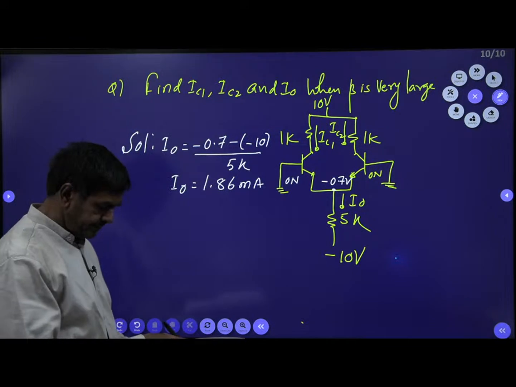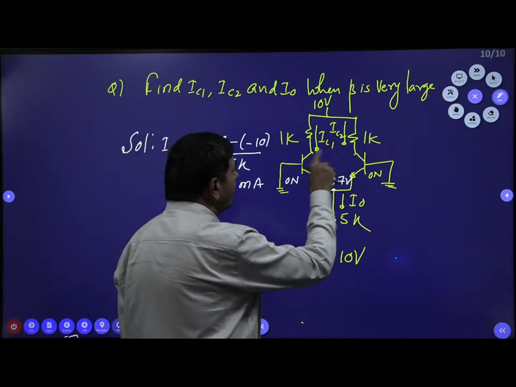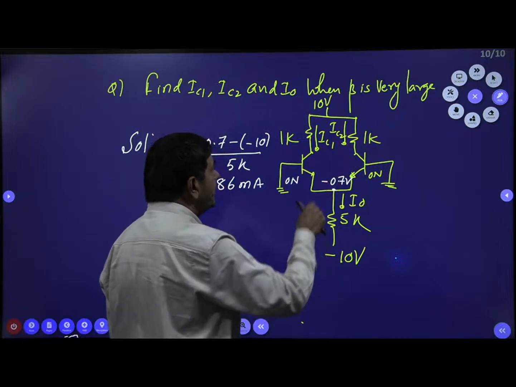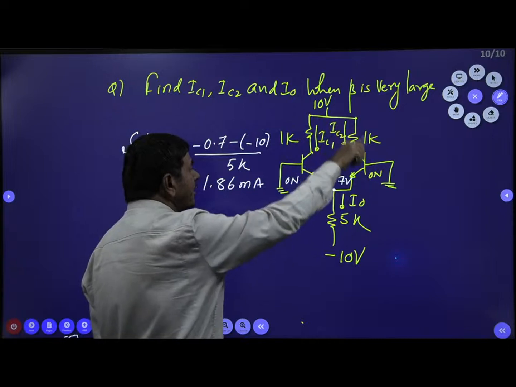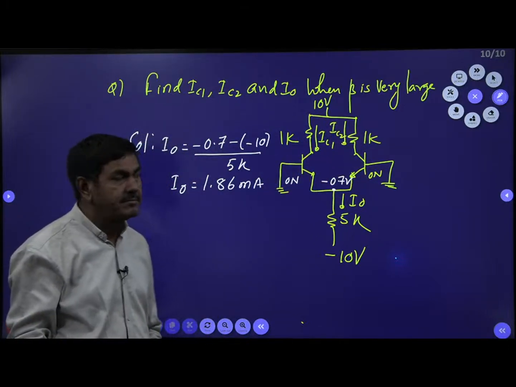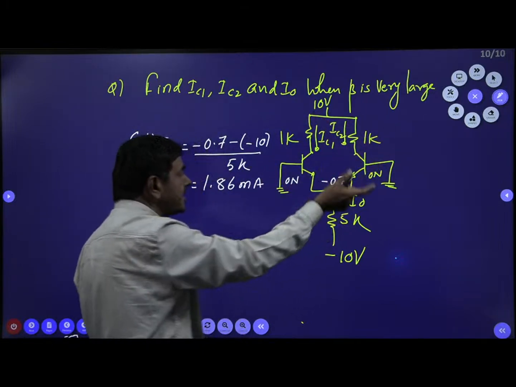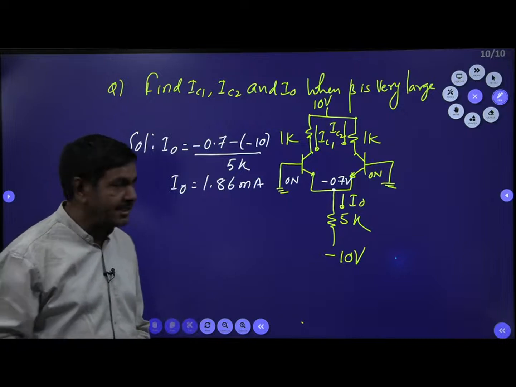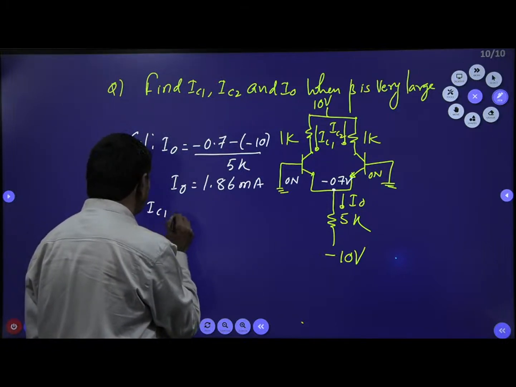Here the two transistors are on, and I want IC1 and IC2. But IC1 and IC2 will be the same, because RC1 and RC2 are the same, the supply is the same, and the two transistors are identical. Now, IC1 equal to IC2.